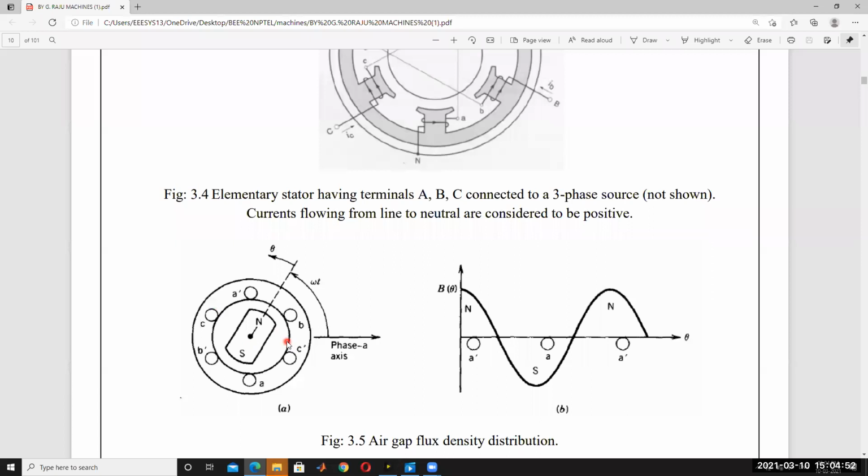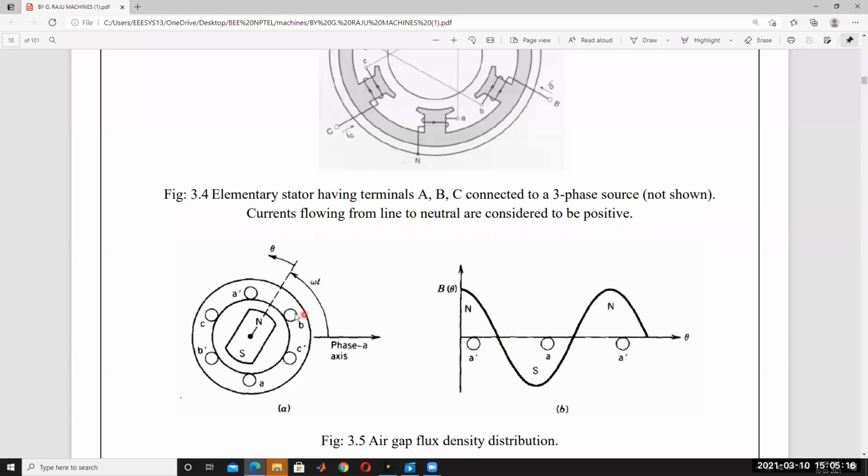Now, this magnetic field and the area of flux density distribution. In the middle between A and A dash, the magnetic flux density is less, a minimum between these two.